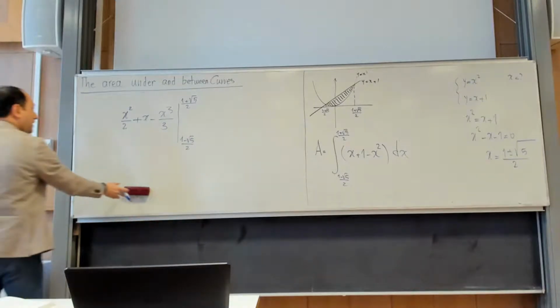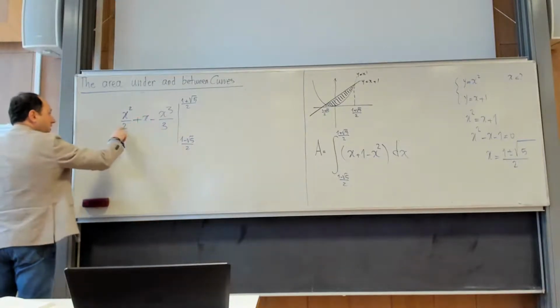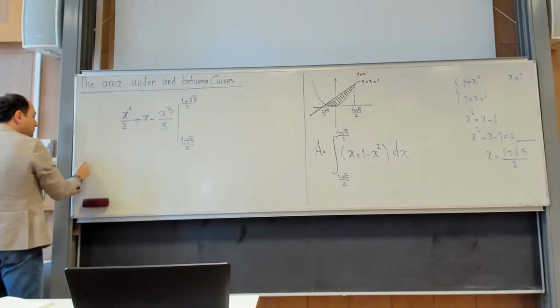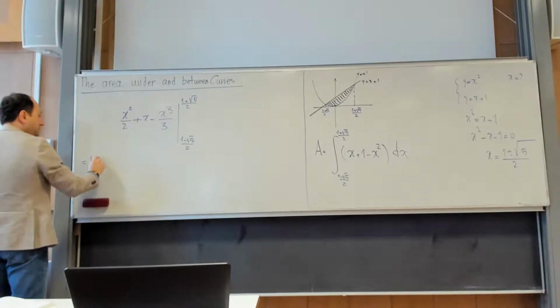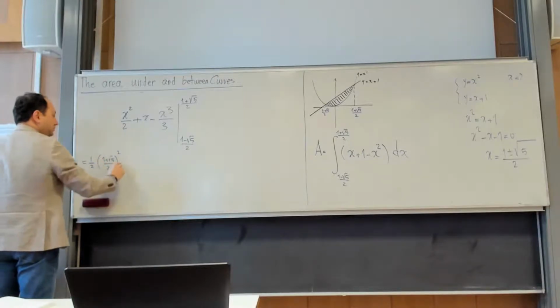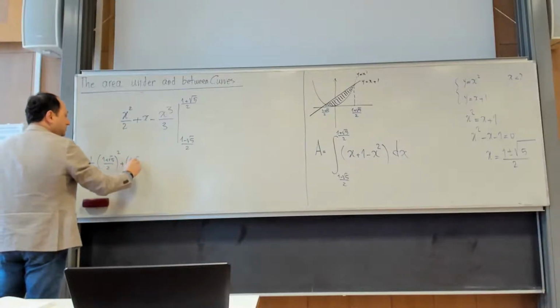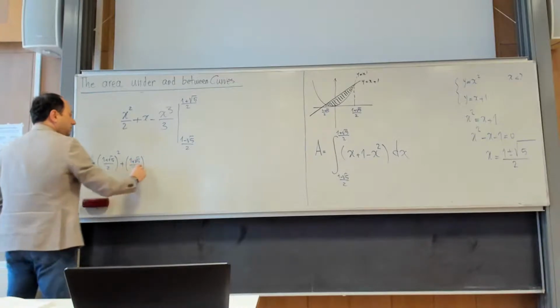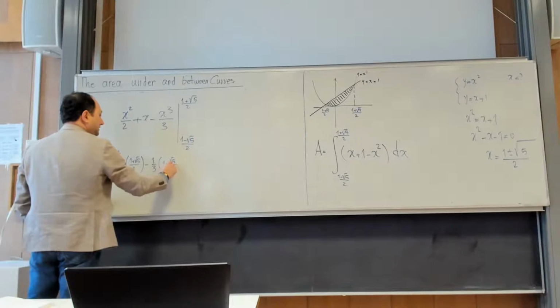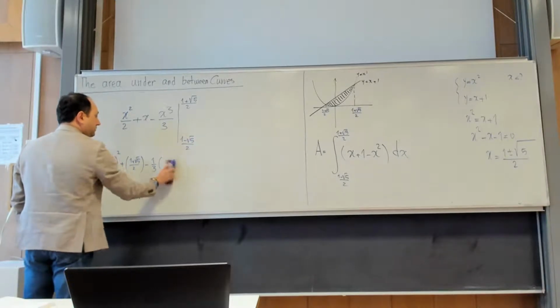So if I want to calculate this, I put this number everywhere instead of x. So it becomes 1 over 2, times 1 plus square root of 5 divided by 2 to the power of 2, plus 1 plus square root of 5 divided by 2, and then minus a third, 1 plus square root of 5 divided by 2 to the power of 3, yes?